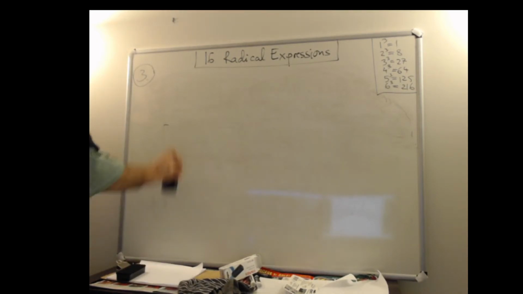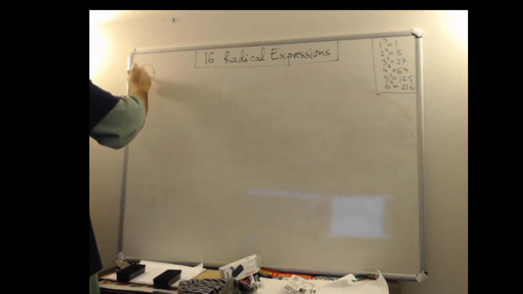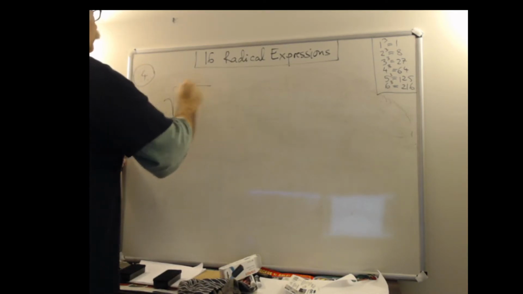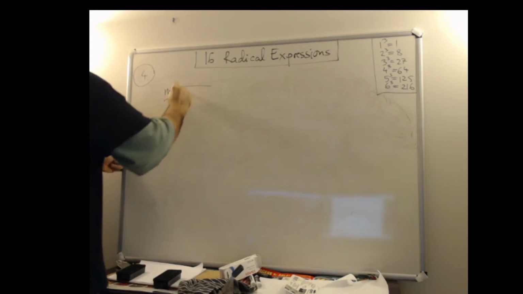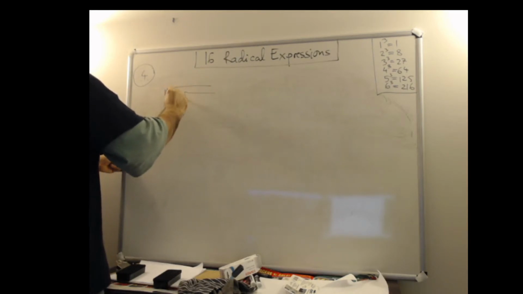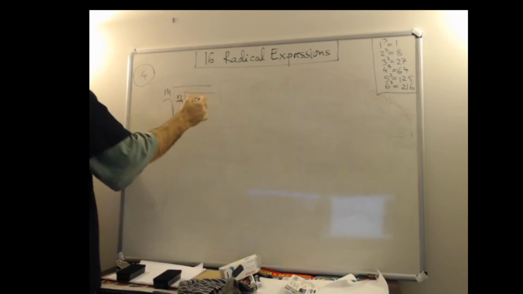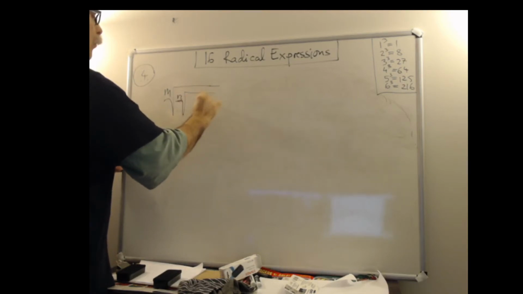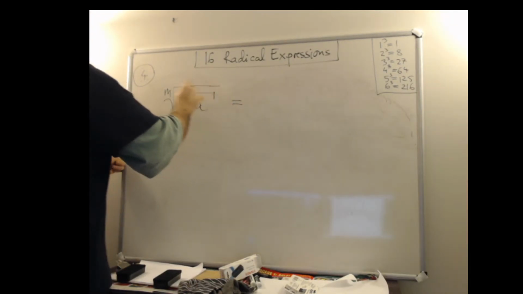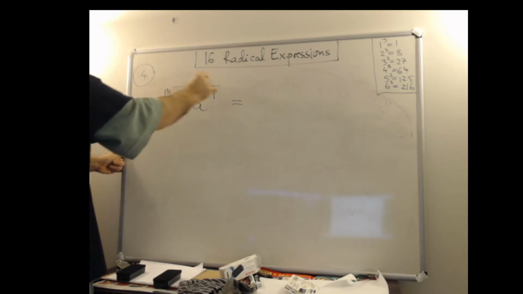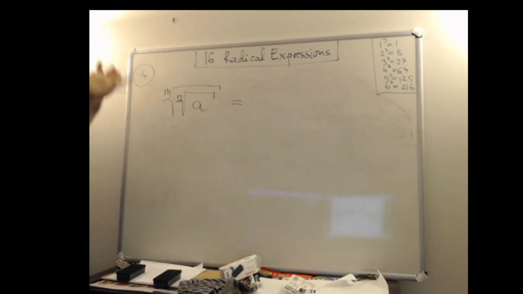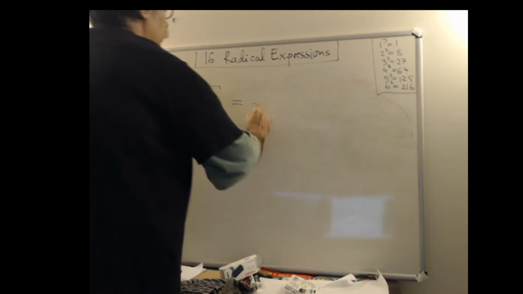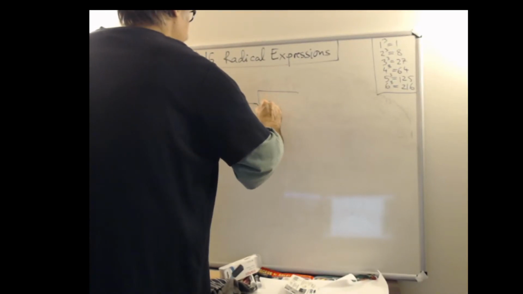What do you do when you have the radical of a radical? So this radical has an A and this outside one has everything underneath. Easy. No problem at all.